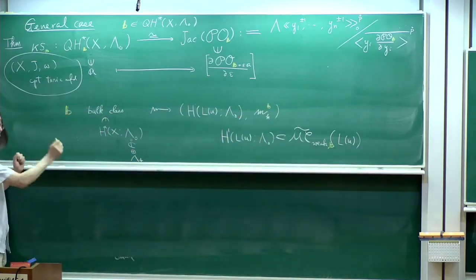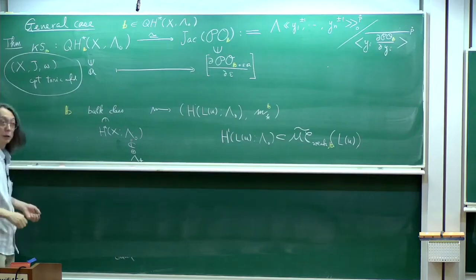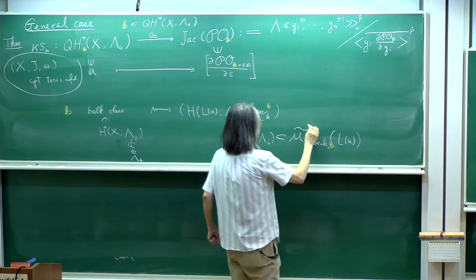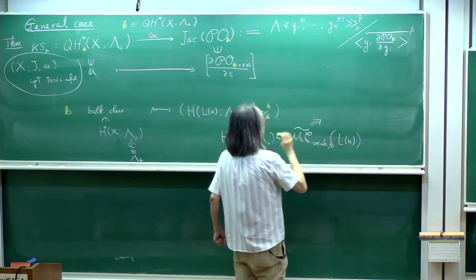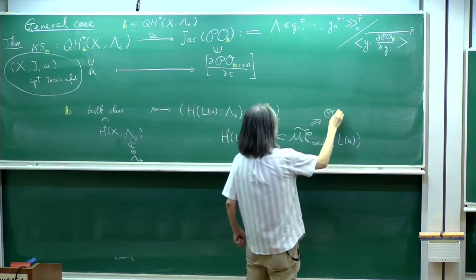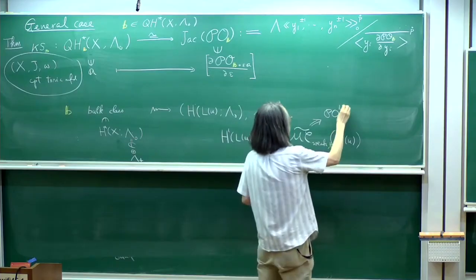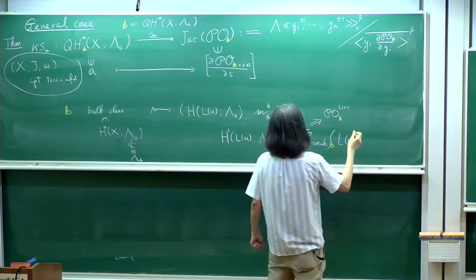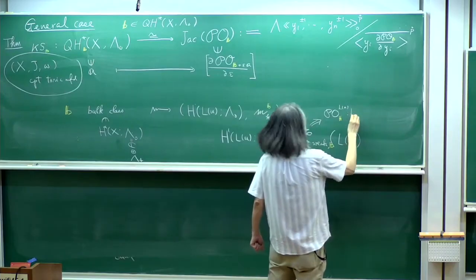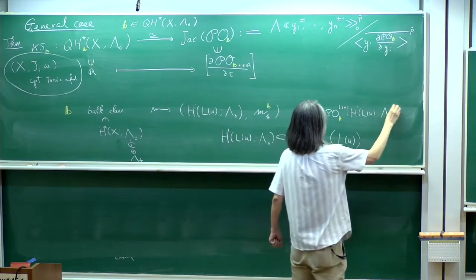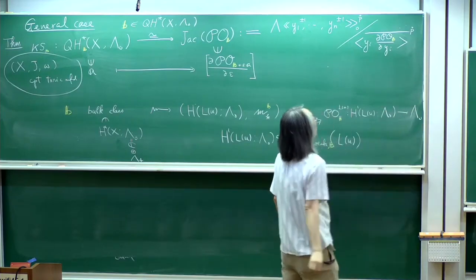So we deform the whole story by this class B. And because of this, we have a potential function, PO^B, L(u), from this H1 of L(u) from lambda 0 to some lambda 0.